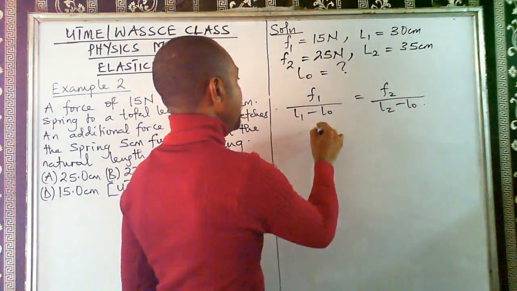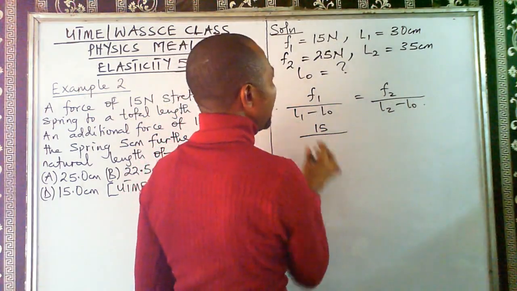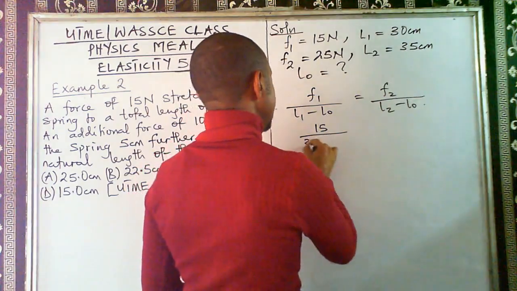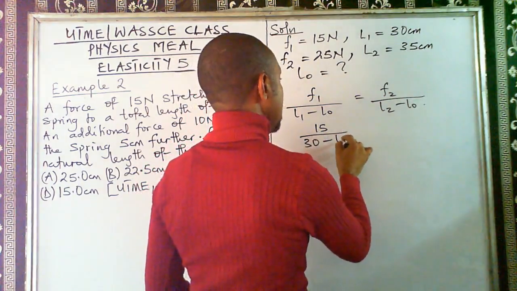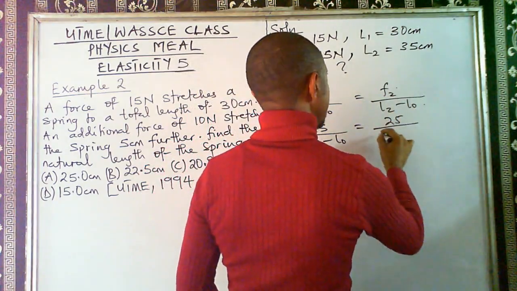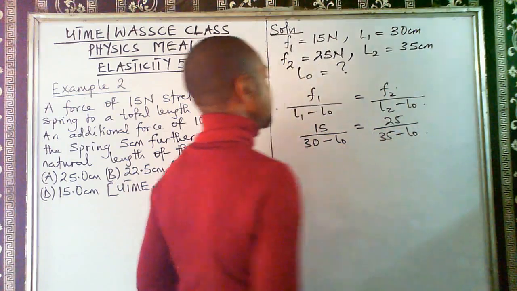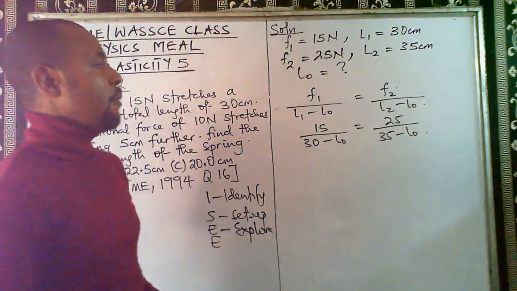What is F1? 15 Newton divided by, what is L1? L1 is 30 minus L0. What is F2? 25 over 35 minus L0. Right?